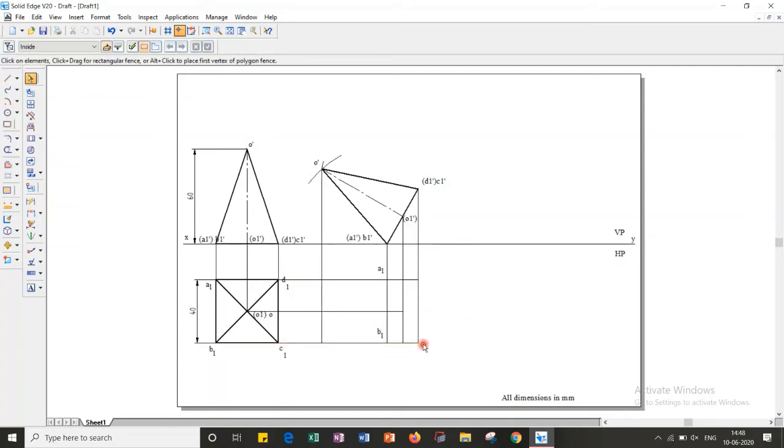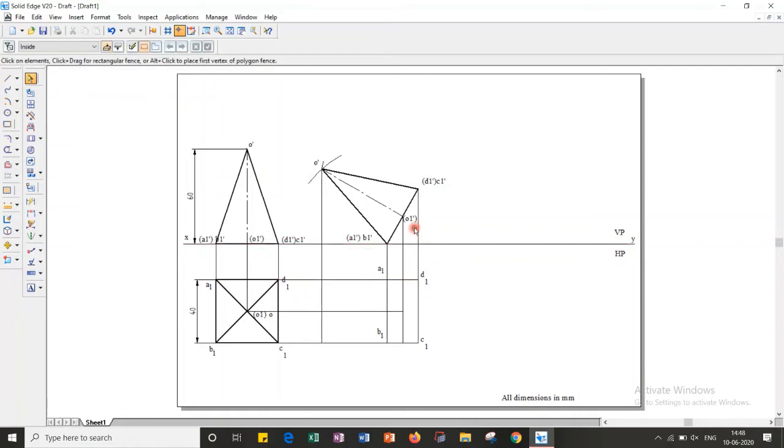Similarly, vertical and horizontal line from C1, these two will intersect here. So this is C1 point, and the last point D, horizontal from D1 and vertical line from D1. So this will be D1 point.